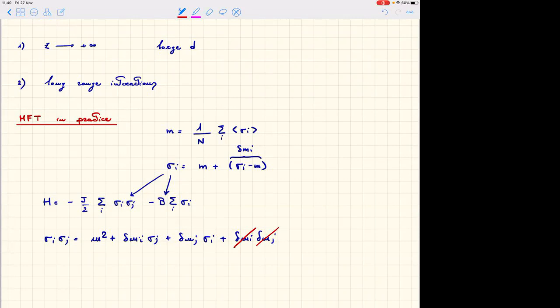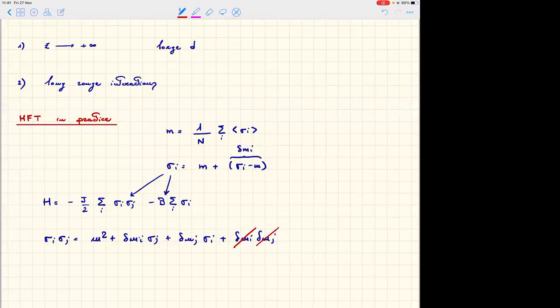So, Professor, yes? Can you repeat the last part that you spoke about? So, since I'm assuming that the system is in the conditions in which mean field theory is a good approximation, and therefore the fluctuations with respect to the average are small, then I will keep only terms that are linear in these fluctuations, but the ones that are quadratic, I will neglect them, okay?